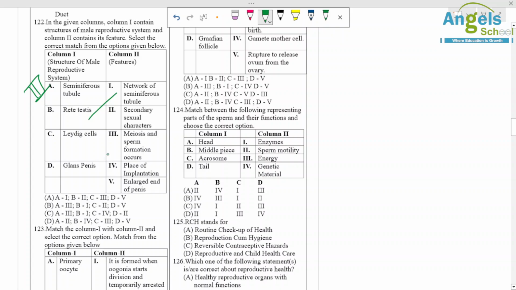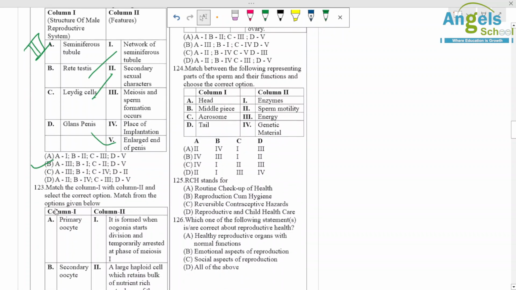Leydig cells are cells responsible for testosterone, or you can say secondary sexual characters. Then glans penis is the enlarged part of the penis. So A3, B1, C2 and D5. Okay, so option B is correct for this.